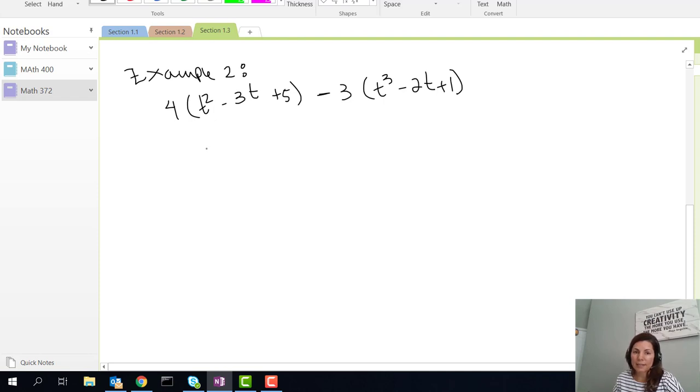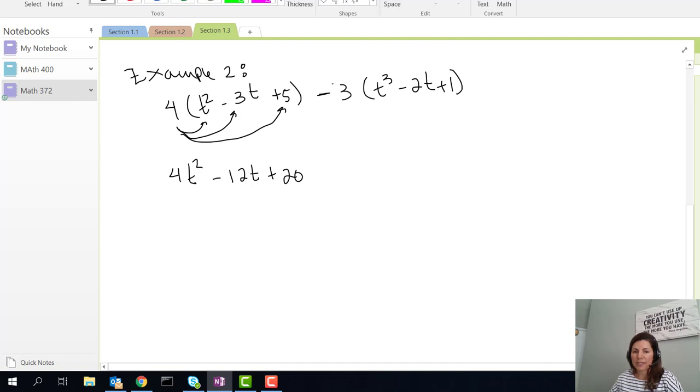And like with anything, when you do order of operations, the first thing is to do parentheses first. So in this case, looking inside the parentheses, there's nothing to combine. So getting rid of parentheses will mean I need to distribute this 4 to my trinomial that's in there. So I'm going to get 4t squared minus 12t plus 4 times 5 is 20.